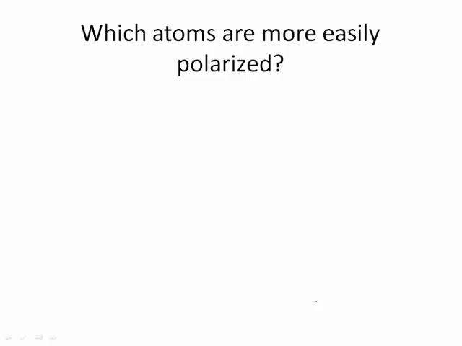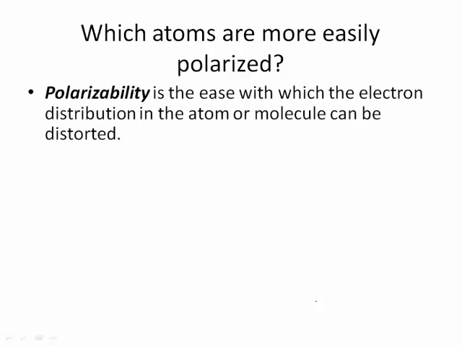So what type of atoms are more easily polarized? So how do we get this off-balance electrons? Well, atoms are easily polarized if their electrons are distorted in the atom or in a molecule.